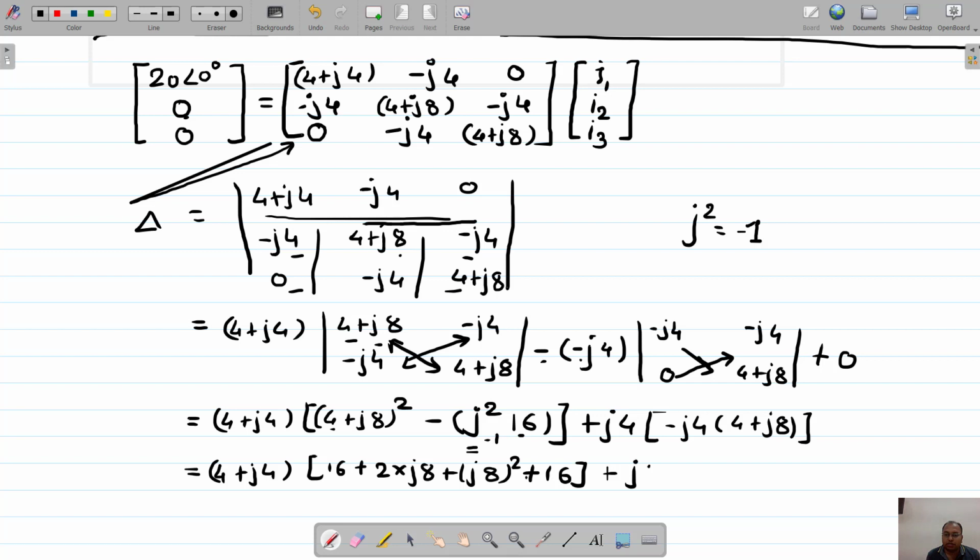Now inside the j4 bracket, let us multiply by minus j4: minus j4 into 4 is going to become minus j16, minus j into 8 fours are 32, so j square, right? Great.